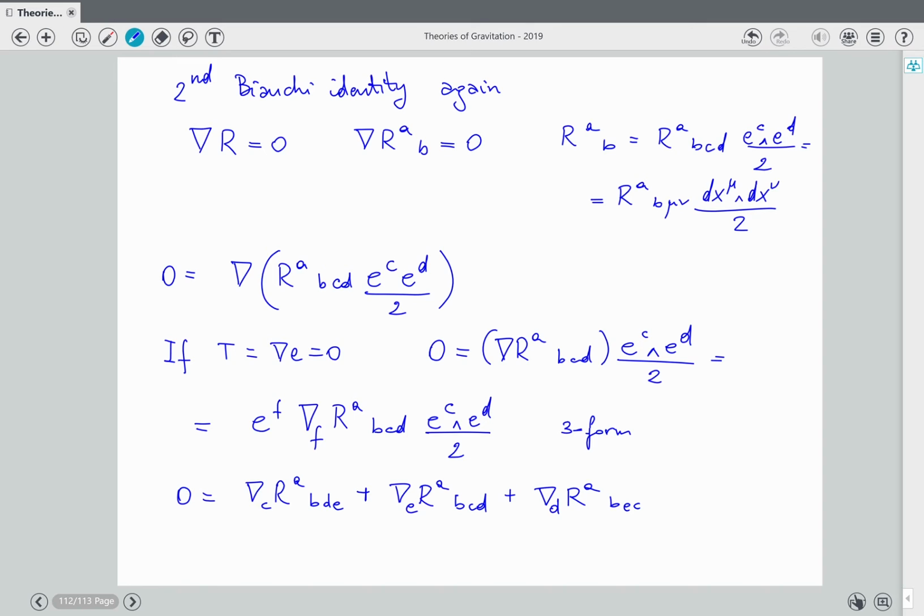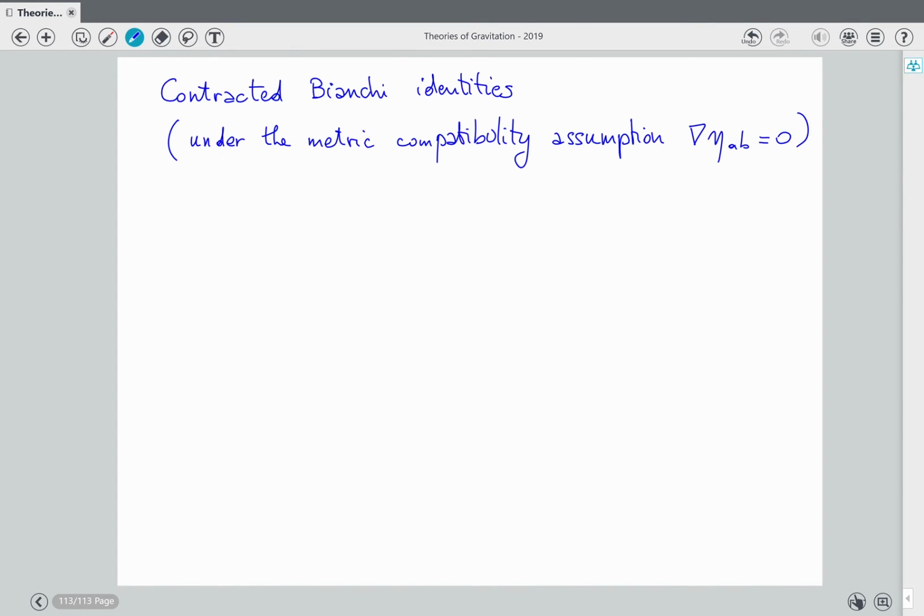So, for example, if we want to work out Bianchi identities for the Ricci tensor, we must recall what the Ricci tensor is. The Ricci tensor is a contraction between an upper index and a lower index, so it doesn't require the metric compatibility.